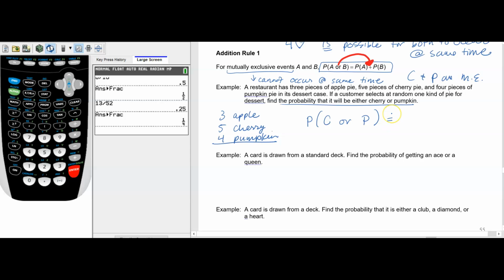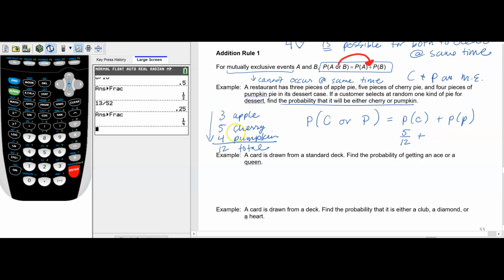To find the probability of C or P, I'm going to take the probability of cherry plus the probability of pumpkin. To find those probabilities, I'm going to add up all the pies and get a total. So we've got 12 total pies. The probability that the pie is cherry is 5 out of 12, because there are 5 cherry out of 12.